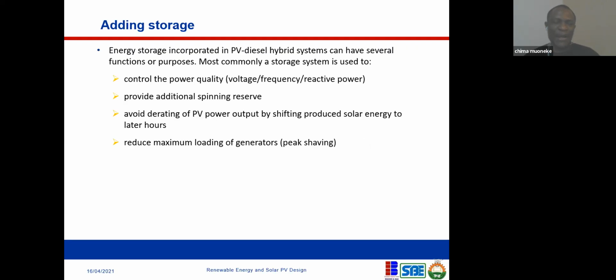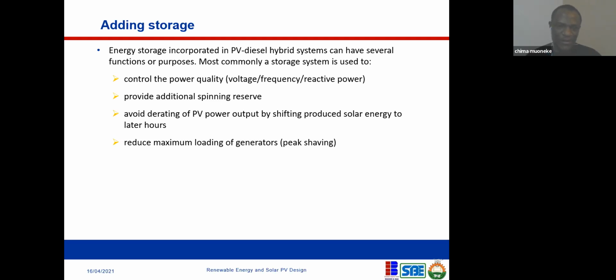So now let's talk about adding storage. Energy storage incorporated in PV diesel hybrid systems can have several functions or purposes. Most commonly, a storage system is used to control the power quality, that is the voltage, frequency, and reactive power. You can also use the storage to provide additional spinning reserve, as well as to avoid the curtailment of the PV's output by shifting produced solar energy to later hours of use.